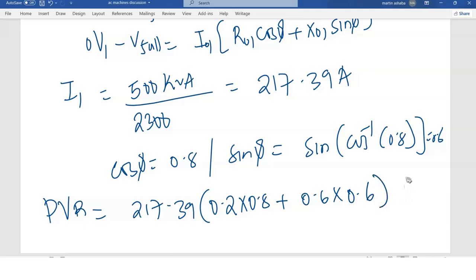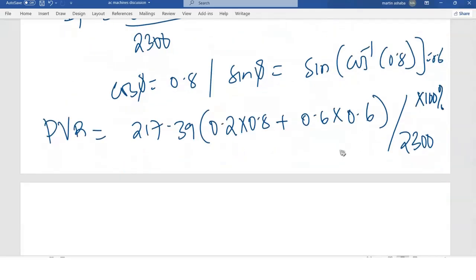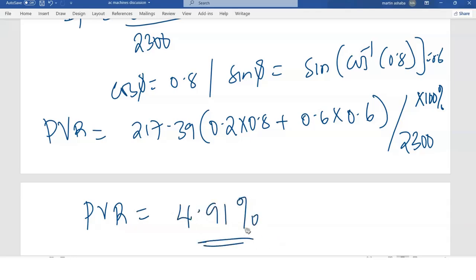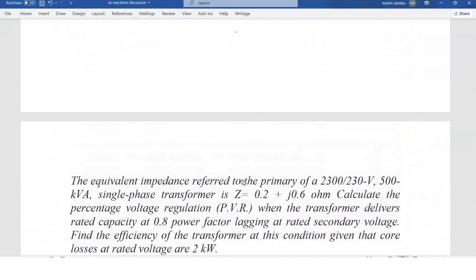Then we divide by 2300 and multiply by 100. So this is 0.2 times 0.8, plus 0.6 times 0.6, all divided by 2300, multiplied by 100, and this gives us the percentage voltage regulation as 4.91%. So that is the percentage voltage regulation at this condition.